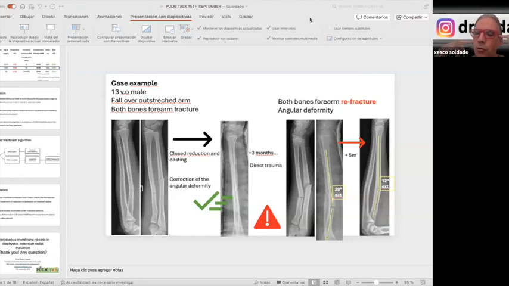So you have to correct the deformity before 1 year or 6 months, right? So you were also thinking about the interosseous membrane's role in the malunion, right?